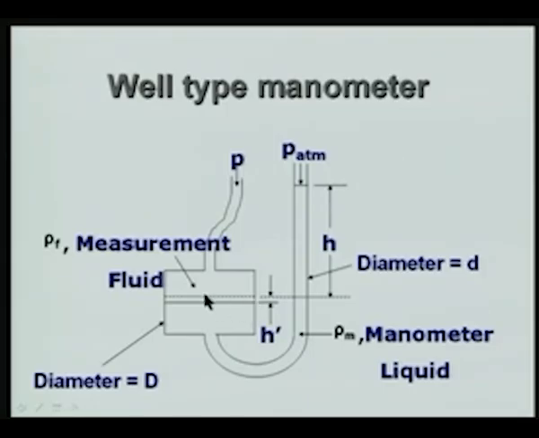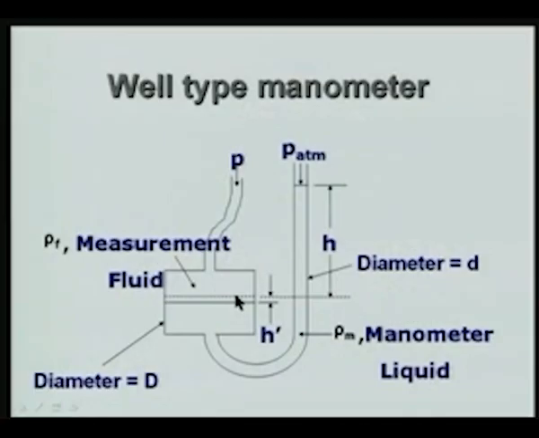If you remember, in the U tube column, the depression on the left side was exactly the same as the elevation on the right side. The amount of liquid level going down on the left limb was exactly the same as on the other side. Therefore, H1 plus H1 is equal to H, that is, 2 H1 equal to H. But here the depression in the reservoir is going to be a small quantity H prime.